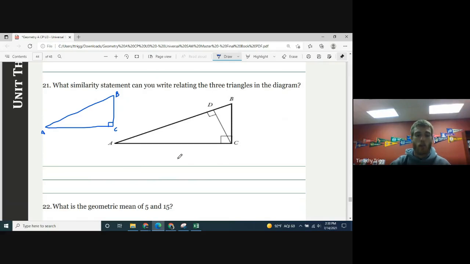Then there are two other triangles. You see how this splits it off into two other triangles? So we have triangle ADC. Maybe I'll draw it over here. And in this case, angle D is the right angle. See that?